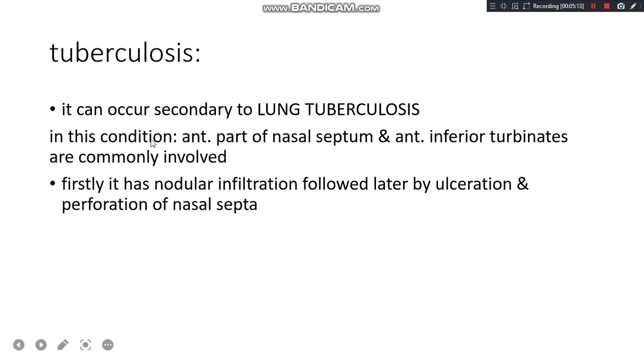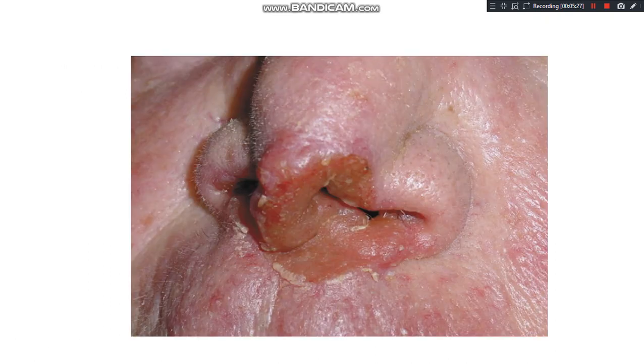So, in this case, again, we have the perforation and ulceration of the nasal septum. And most commonly, which areas are involved? We have the nasal septum and the anterior inferior turbinates. So here you can see we have tuberculosis of the nose, and these are the ulcerations and perforations of the nasal septum.